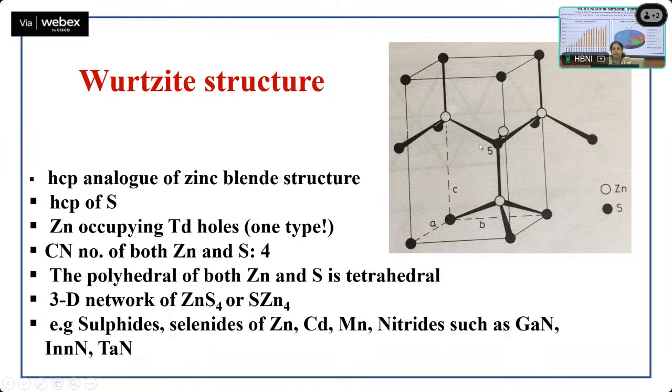In terms of space filling polyhedra, it is the 3D network of ZnS4 or SZn4, and the arrangement of atoms around both zinc and sulfur is tetrahedral.